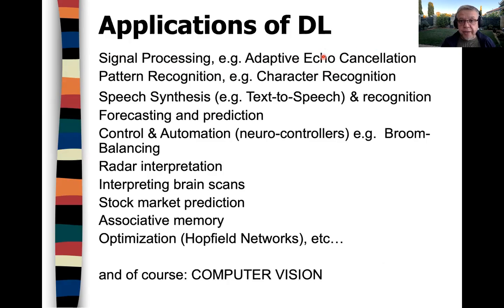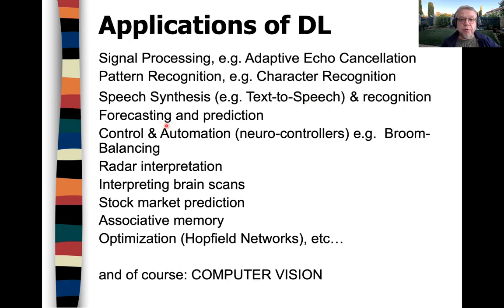You cancel the echo in an adaptive way using artificial neural networks. You make the system learn to cancel this echo. In pattern recognition, of course, character recognition, speech synthesis, you can translate text to speech, i.e. synthesize, and then recognize: speech recognition, speaker recognition.